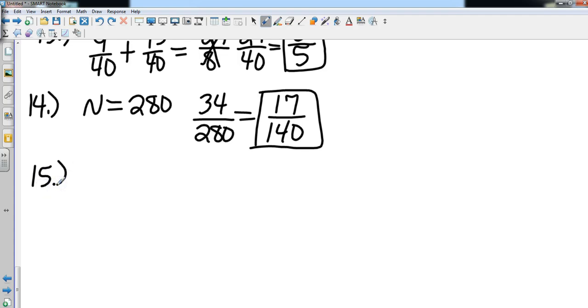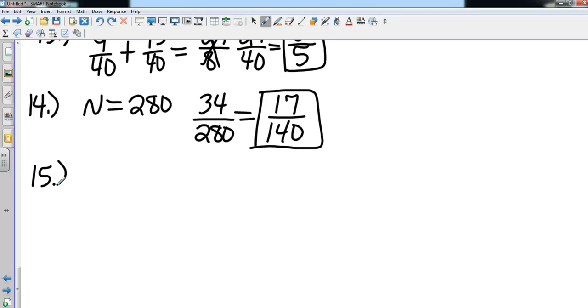Okay, now the next one's a little bit different because it asks how many have visited fewer than 4 stores. So what we actually need to do is add up our 8, 22, 34, and 112. That's because those totals are all the customers who have gone to fewer than 4 stores.